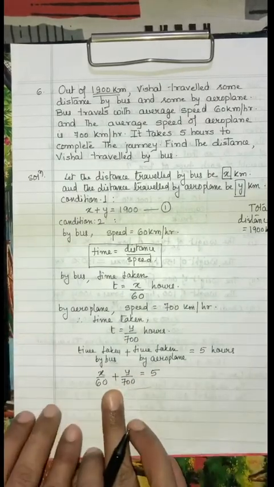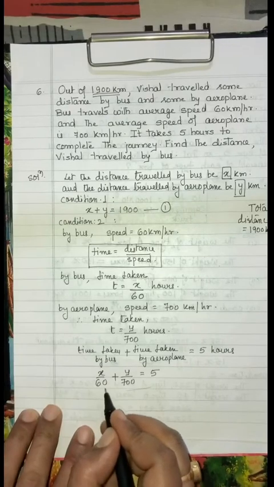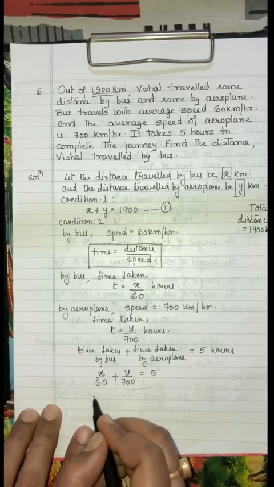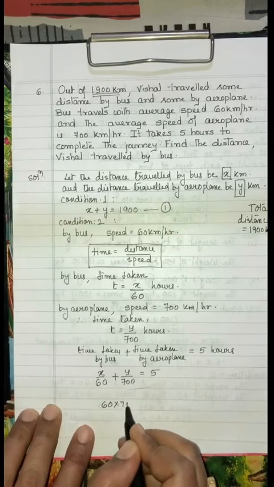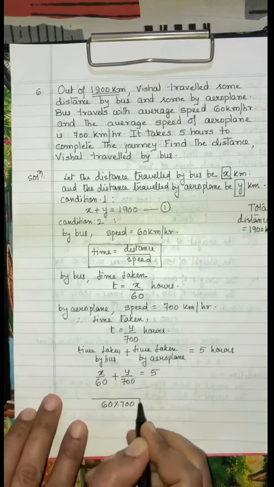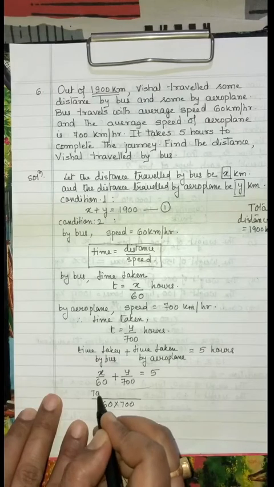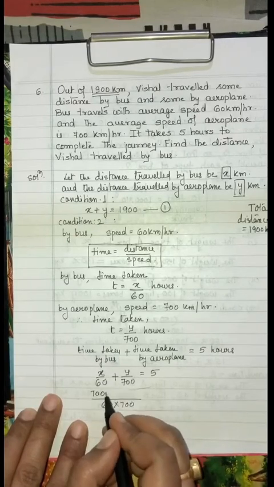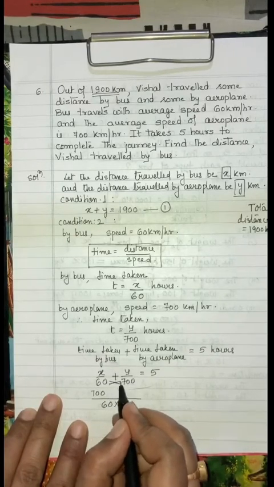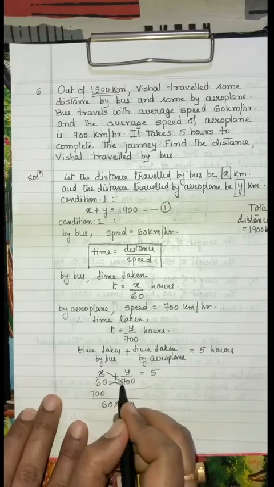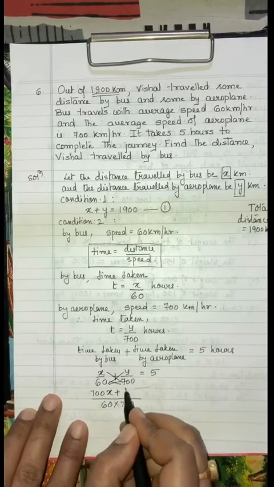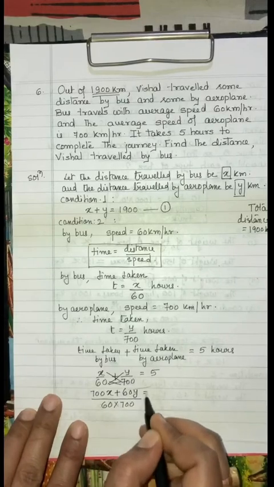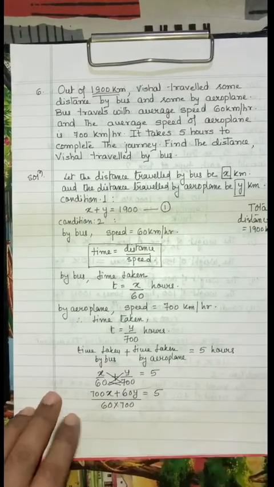Let us solve it, children. So take the LCM 60 into 700. First cross the denominator 60 into 700, then cross the numerator with the denominator. 700x plus 60y is equal to 5.